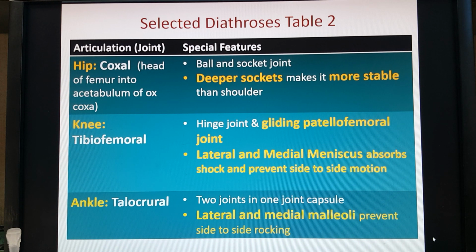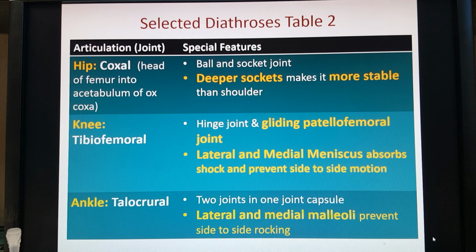So a special thing is it's a ball and socket joint, the ball being the head of the femur and the socket or cup being the acetabulum of your os coxa. Because this joint has to bear weight, the weight of your body, your upper body more specifically, it has a deeper socket, so that acetabulum is going to restrict movement. It's not going to move as much as your shoulder, but it does make it more stable than the shoulder.